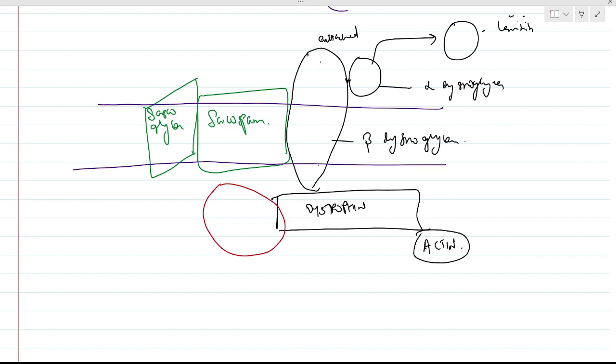Finally, these proteins are syntrophins. Let me write this again. Syntrophins are required for attachments.